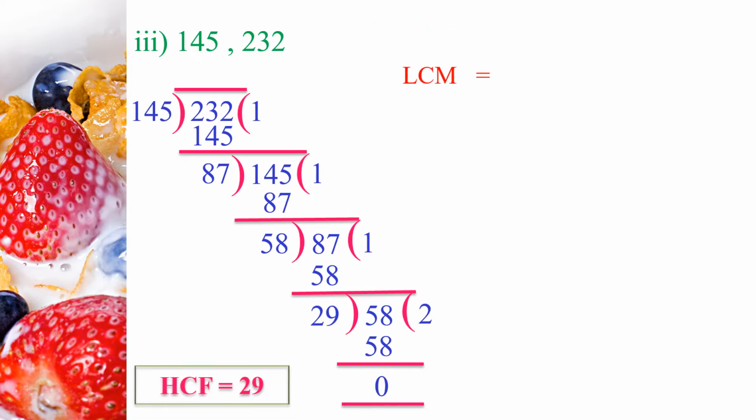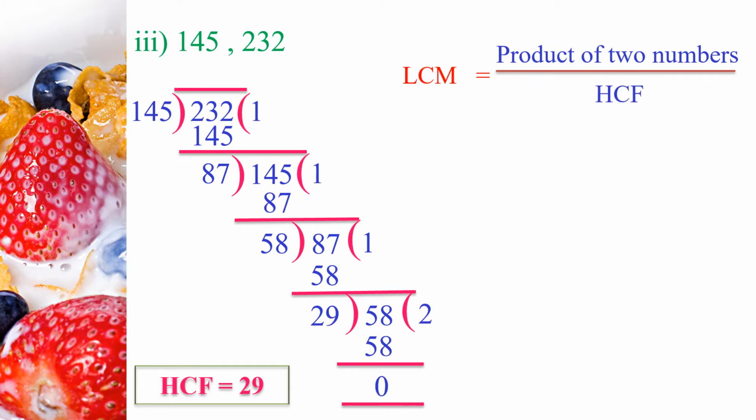Now use this HCF, find the LCM. We know that LCM formula is product of two numbers divided by HCF. We know that product of two numbers, that means given numbers we are going to multiply, isn't it? Yes, 145 multiplied with 232. Then we know that HCF is 29.